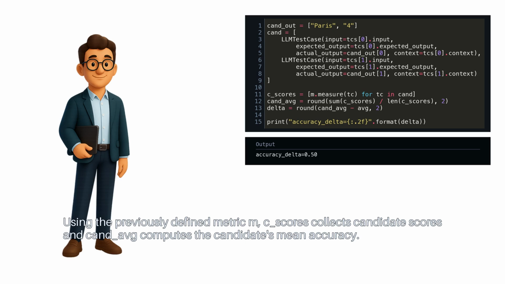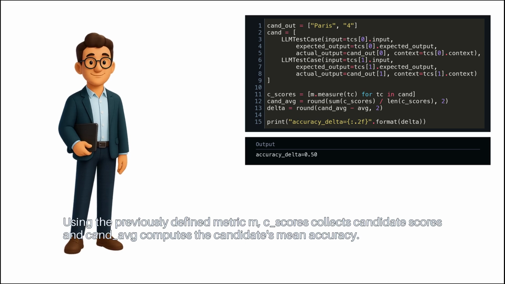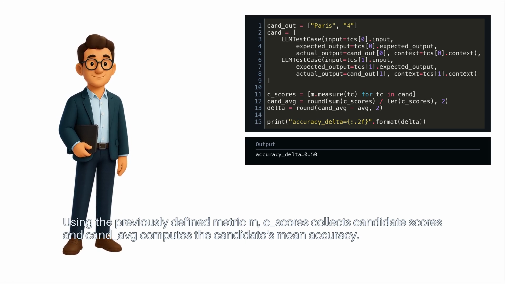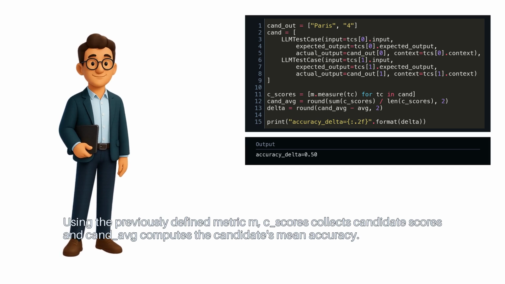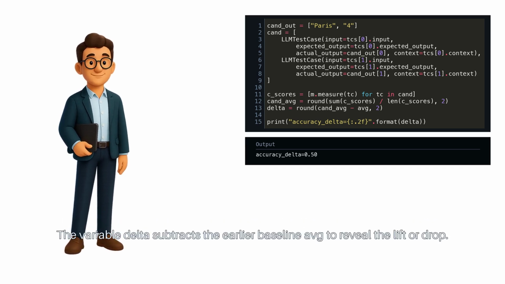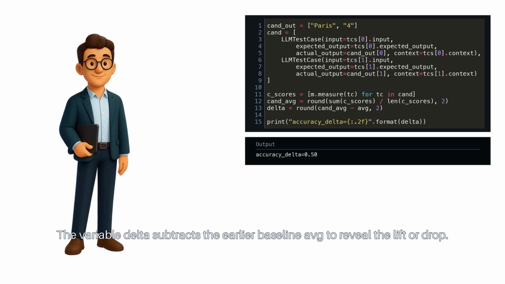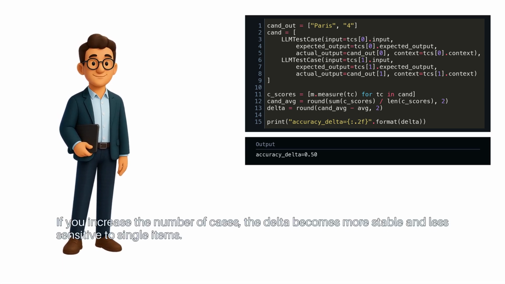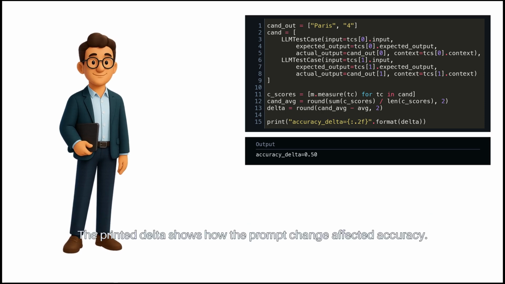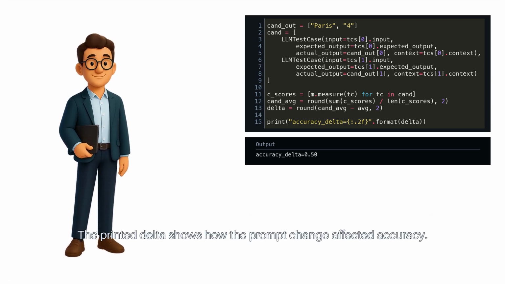Using the previously defined metric m, c_scores collects candidate scores, and cand_avg computes the candidate's mean accuracy. The variable delta subtracts the earlier baseline average to reveal the lift or drop. If you increase the number of cases, the delta becomes more stable and less sensitive to single items. The printed delta shows how the prompt change affected accuracy.